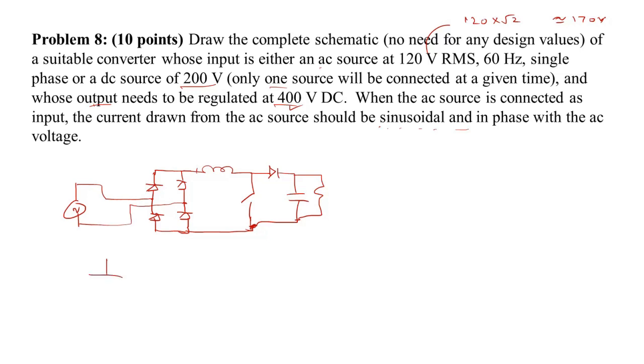So this is my other source. I can connect the grounds to be the same as this one here. And this could be switched, and then connected directly just after the diode bridge, to the boost converter.